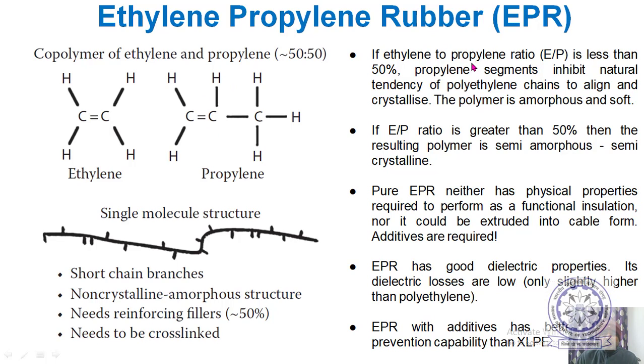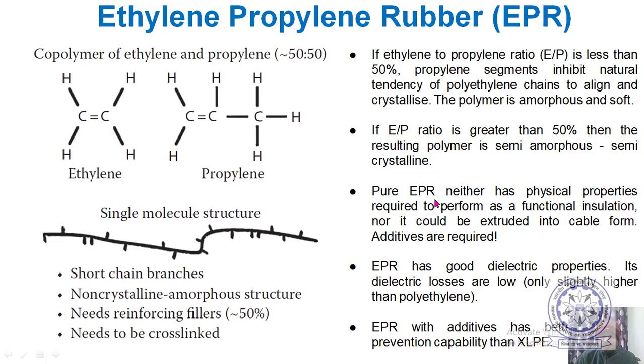If the ethylene to propylene ratio is less than 50%, propylene segments inhibit the natural tendency of polyethylene chains to align and crystallize. Therefore the polymer is more or less amorphous and very soft, not so hard. But if the E by P ratio is greater than 50%, then the resulting polymer is semi-amorphous, semi-crystalline. Some portions are crystalline, some portions are amorphous, if it is more than 50%.